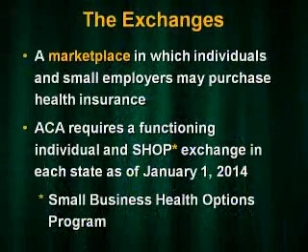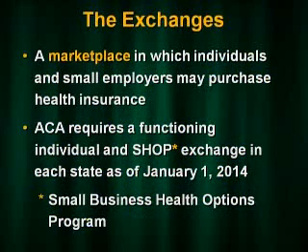Okay, so that's the kind of coverage that's available to us. That's the nature of the subsidies. That's the nature of the penalties. What are these exchanges, and how are they supposed to work? Well, an exchange is just a marketplace in which individuals and indeed small employers are able to purchase insurance.